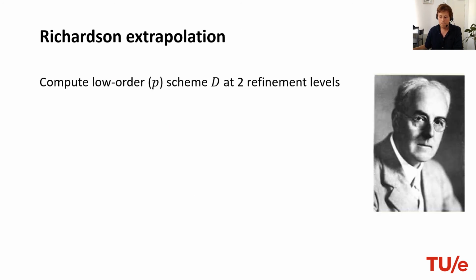So wrapping up on Richardson extrapolation, the general strategy is to compute your lower order scheme D at 2 refinement levels. We say that this lower order scheme is of order p, and we have seen examples in this lecture of p equal to 1, for instance, a forward difference scheme, or in the previous slide, p equal to 2, a central difference scheme.